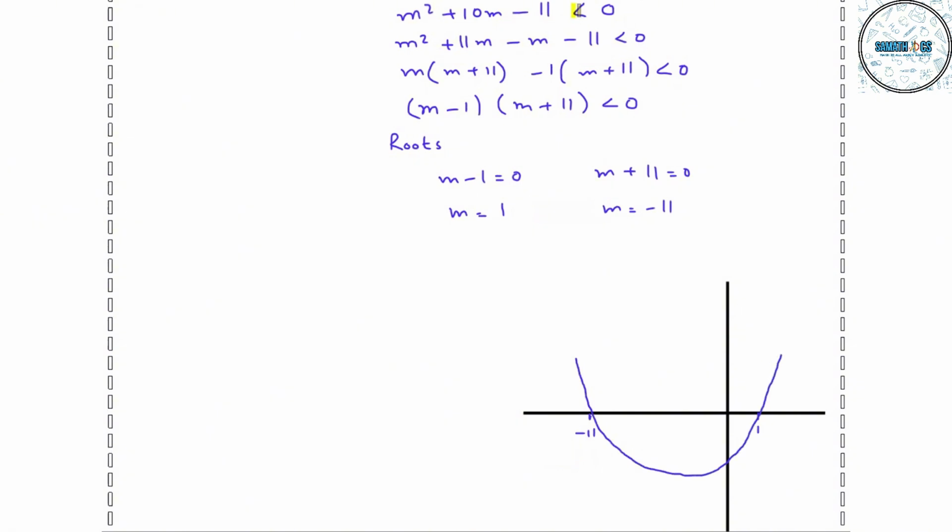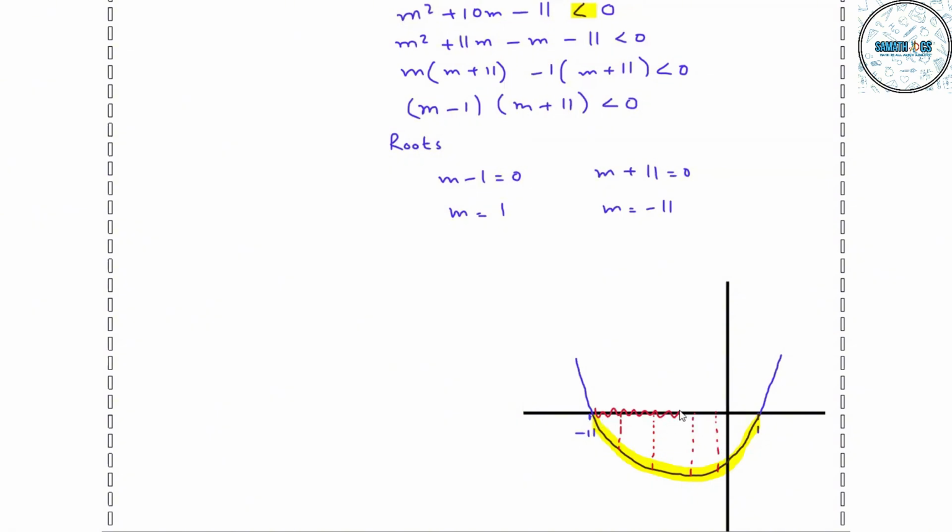As the sign is less than 0, we have to consider the part of the curve which is below the x-axis. So the values of x on this part of the curve lie in between minus 11 and 1.